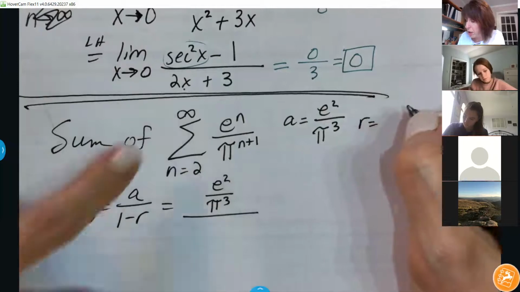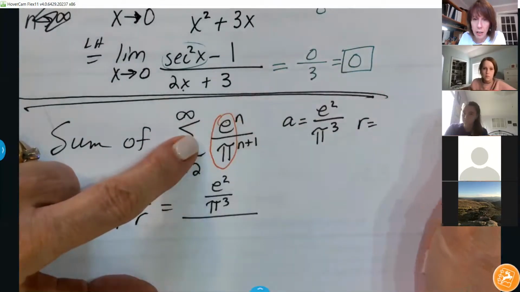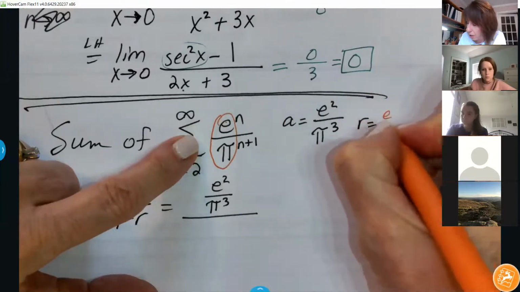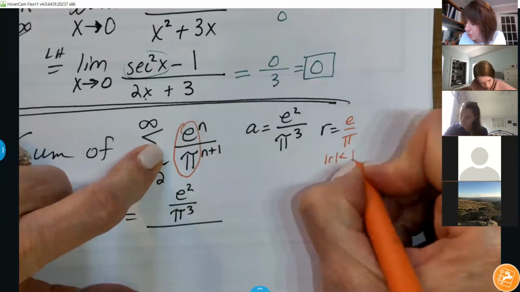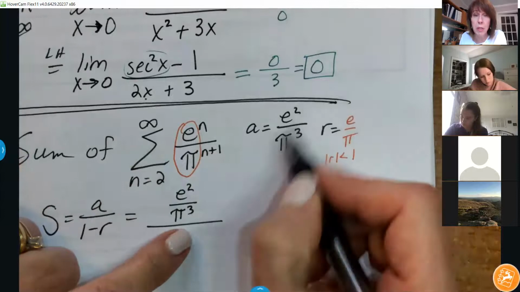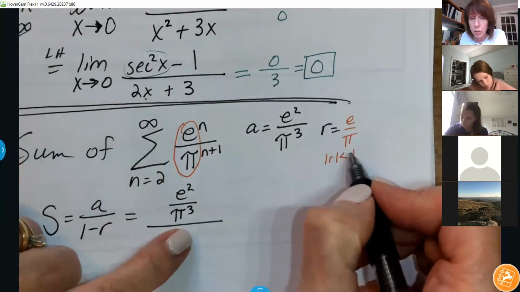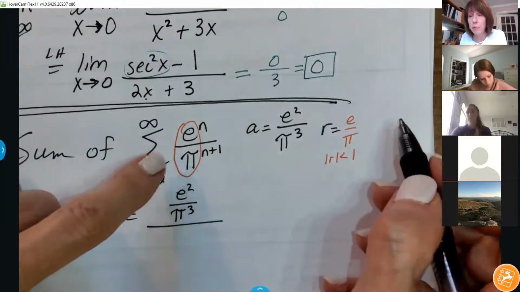R, remember you can just look at this and see R. R is just e over pi, which by the way, the absolute value is less than 1. I made sure when I made the problem up that it would converge, because if that's not true, the sum would be either positive infinity or negative infinity.